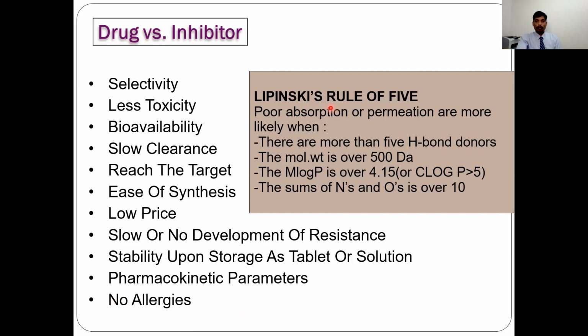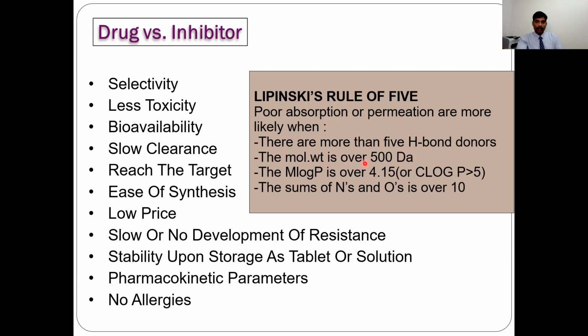So with more than 5 hydrogen bond donors, it is not likely a drug candidate. That means the donors should be less than 5.